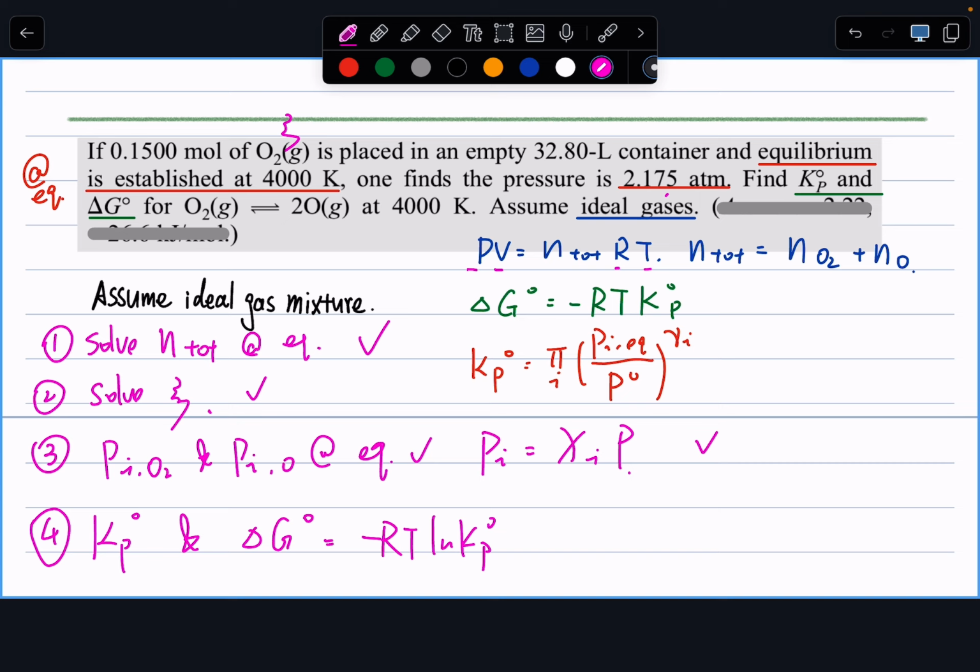All right, so we can solve for the extent of reaction to get our C equals 0.0672 mole. Right, so that's our second goal. Nothing fancy, just initial state, final state, change by stoichiometric coefficient, and use what we solved in the first step to get the extent of reaction.